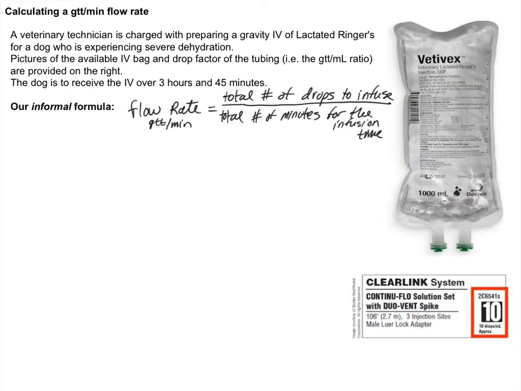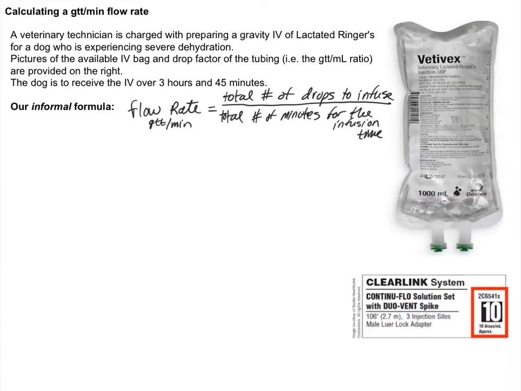So here we are working with a veterinary situation where a dog needs to receive an IV. Dogs also need to receive fluids via gravity set as well. So here we have a bag. This bag is for lactated ringers, and the dog looks like they need to receive this 1,000 mLs over 3 hours and 45 minutes.